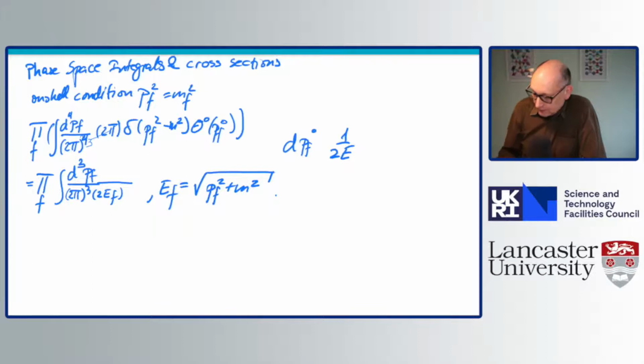Now, this final expression separates the dependence on E and p, but it is still Lorentz invariant. This one here is a Lorentz invariant measure for the phase-space integral. The scattering matrix element is Lorentz invariant.